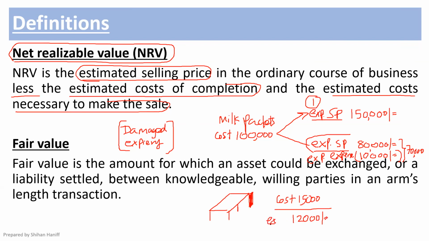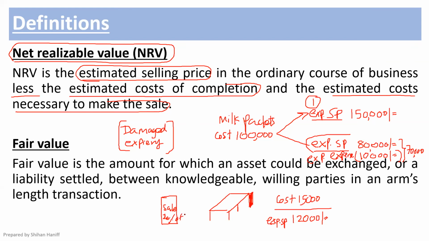This is your expected selling price. Let's say you have to put a banner in front of your business saying sale, maybe 20% off.